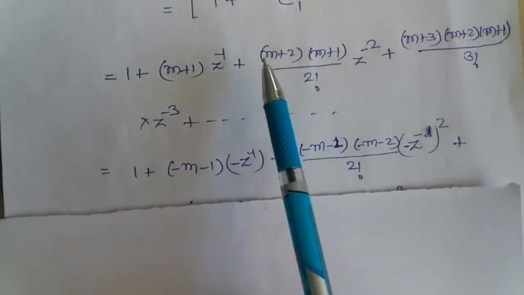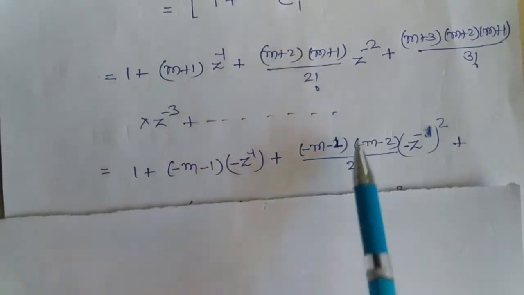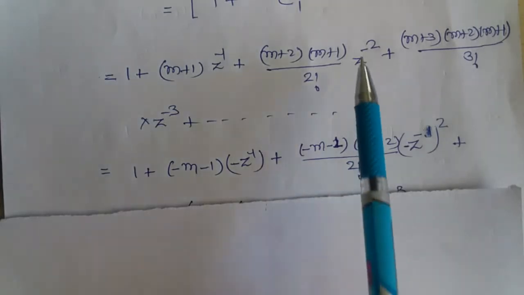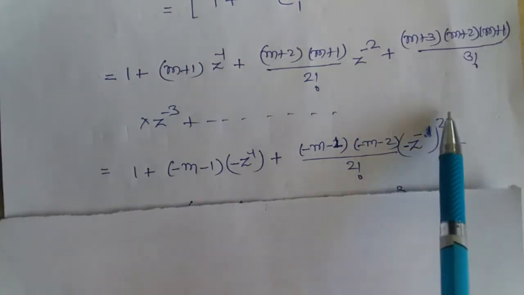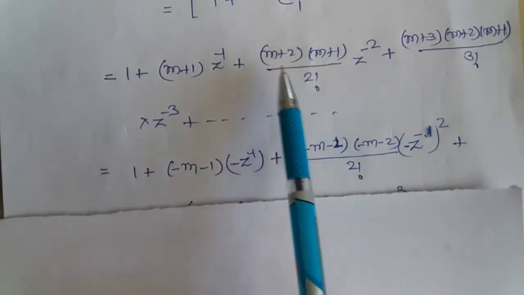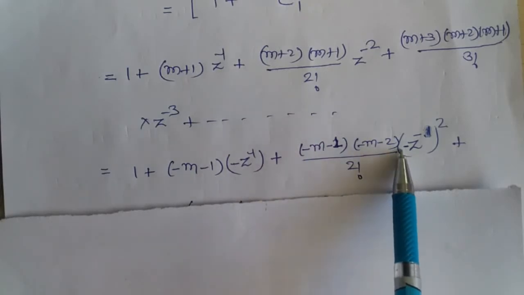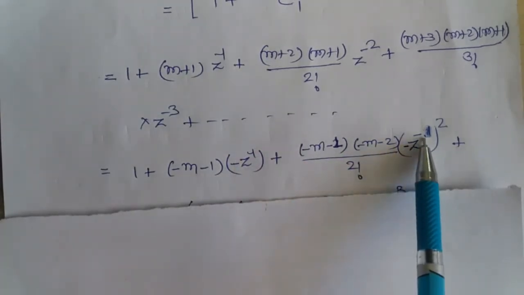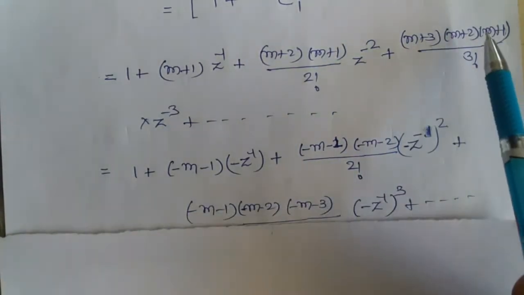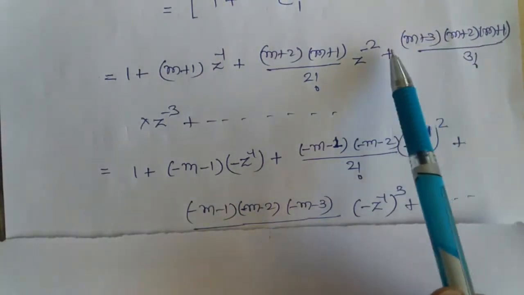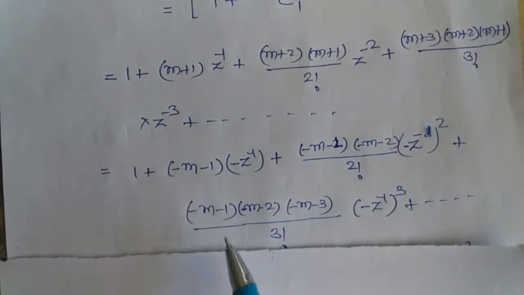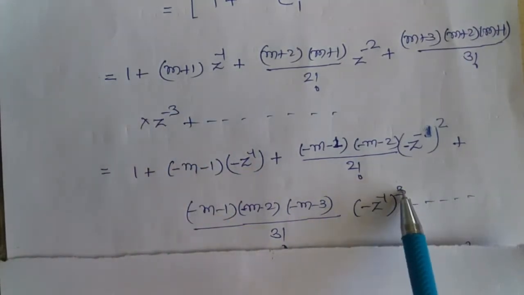Plus, here we write (minus m minus 1) into (minus m minus 2) upon 2 factorial into (minus z inverse) whole square. So negative common, then we have positive, we get (m+1)(m+2) upon 2 factorial. Here minus square is plus and z inverse square is z power minus 2. Plus we write (minus m minus 1)(minus m minus 2)(minus m minus 3) upon 3 factorial into (minus z inverse) whole cube.